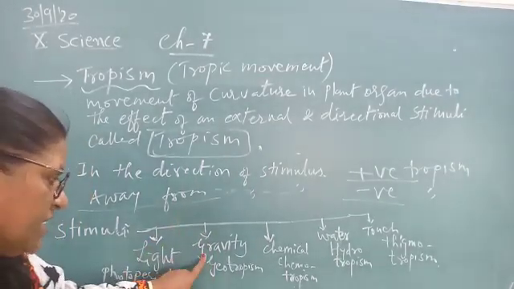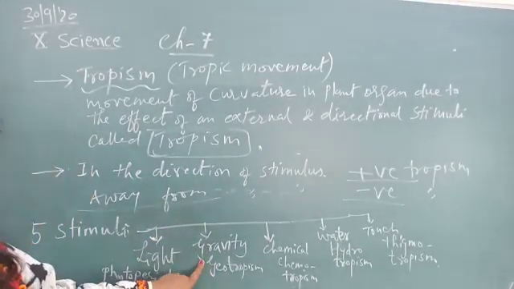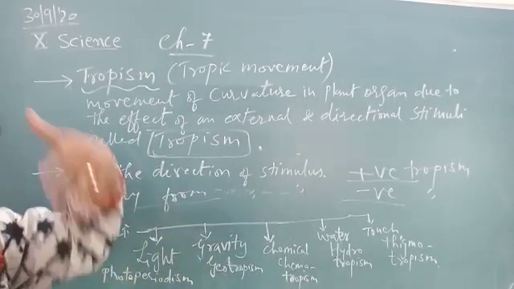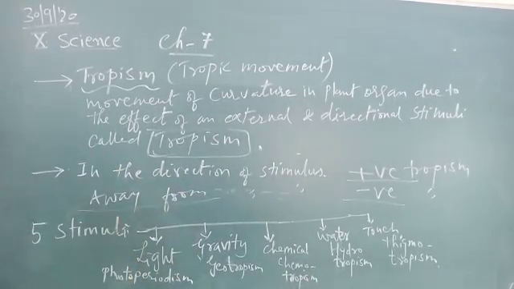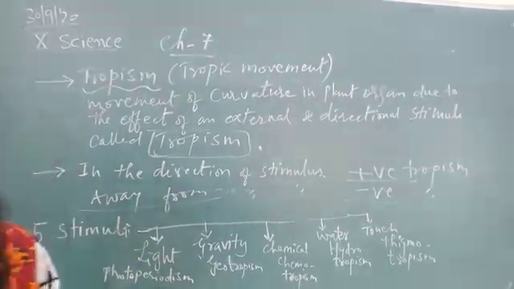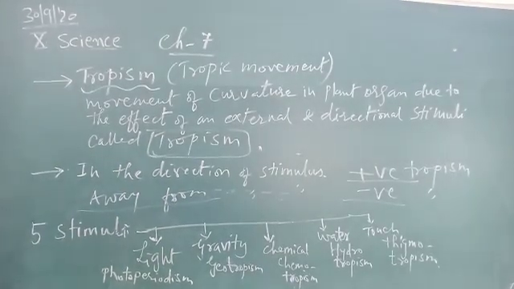So in short, the stem shows negative geotropism, while the roots go deeper in the soil, so they show positive geotropism. Roots of every plant show positive geotropism, and the stem shows negative geotropism.